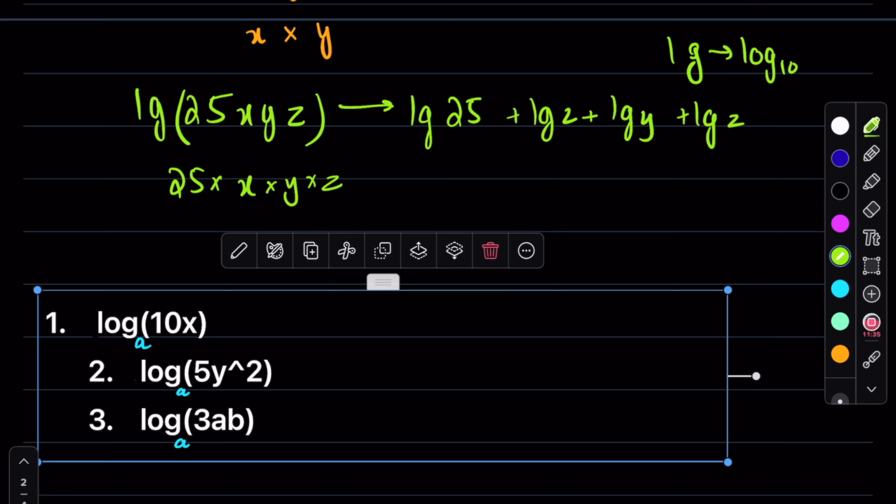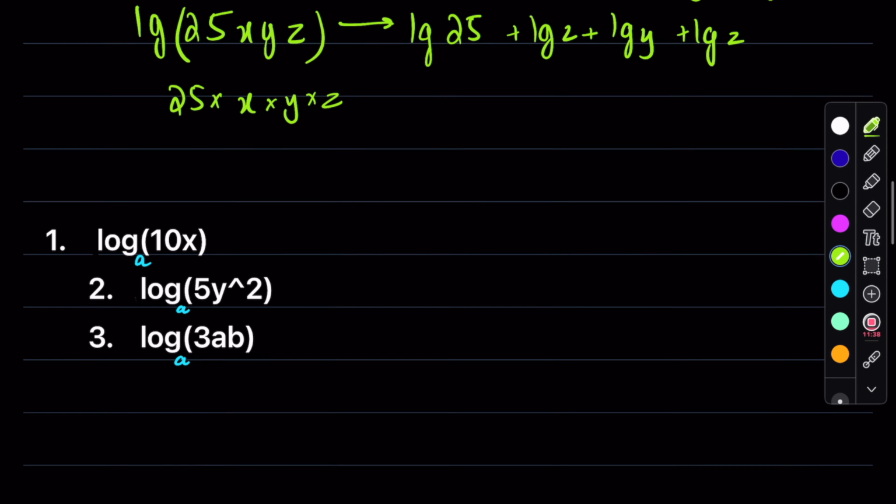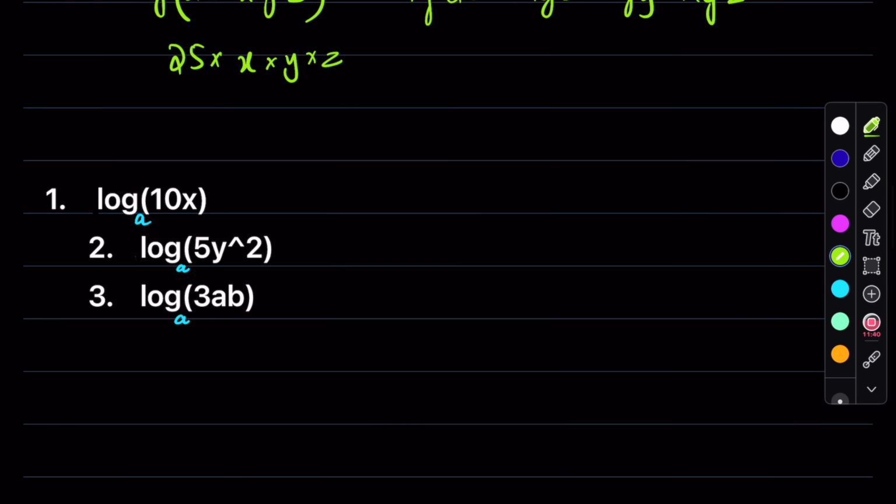Okay, let's take another look. Log a of 10x, log a of 5y squared, and log a of 3ab. Well, we've encountered such a tedious question. Let's take a look at each of them separately. Okay, for the first case, log with the base of a and the argument of 10x.